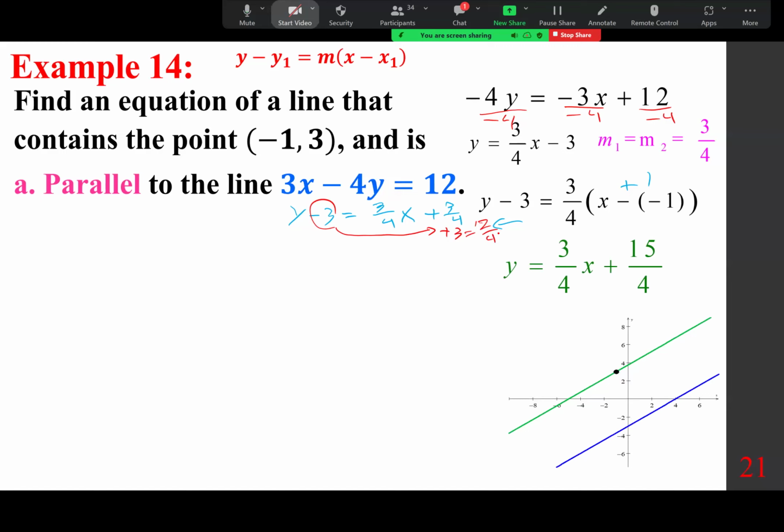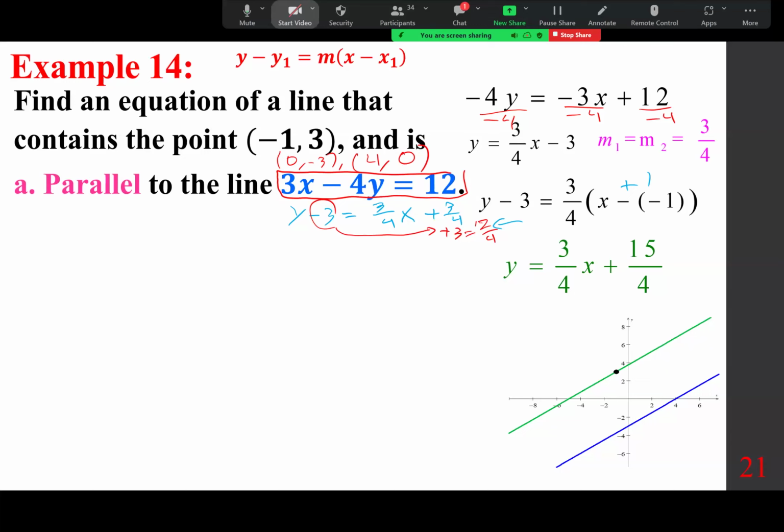Just to give you an idea for this one class, the original one: if x is 0, just cover 3x and you get 0, -3. If y is 0, then cover -4y, 3x equals 12, okay, 4, 0.